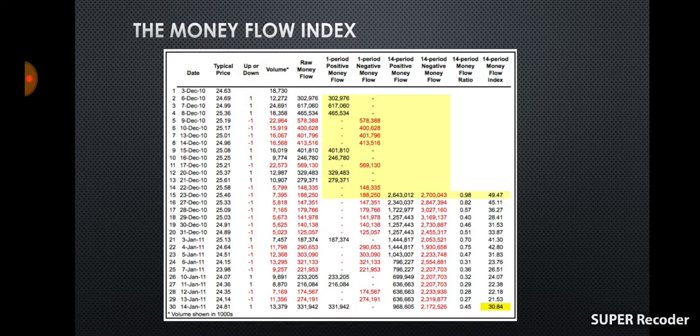These positive and negative money flows we have taken from these price fluctuations.